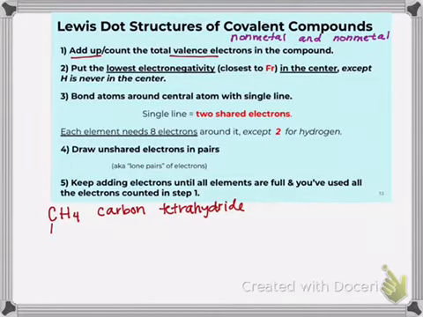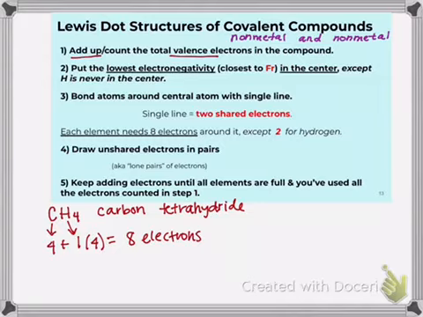Carbon is in group 4, so it has 4 valence electrons. And then you're going to add up hydrogen. Hydrogen is in group 1, so it has 1 valence electron. And look at that, I have 4 hydrogens. Okay, so this structure has a total of 8 electrons.